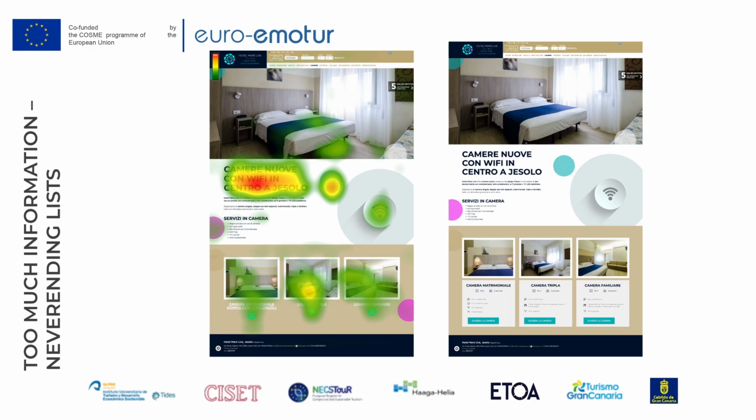In the other picture, parallel to this, you see how you can solve this kind of problem by providing, for example, more information about the room using icons, providing directly there a kind of call to action in order to help the user navigate through this list.